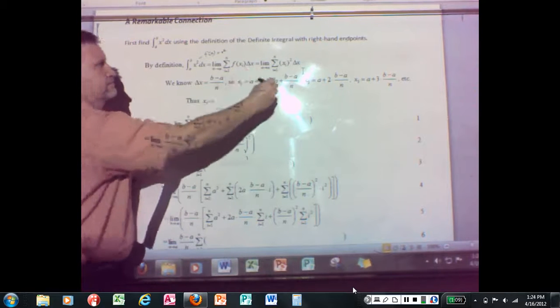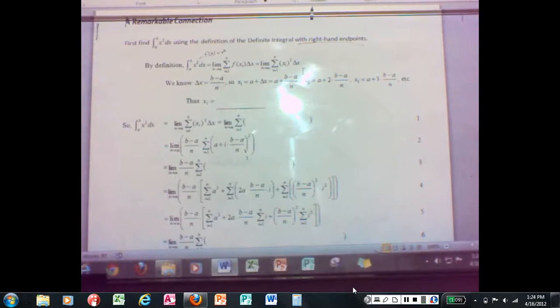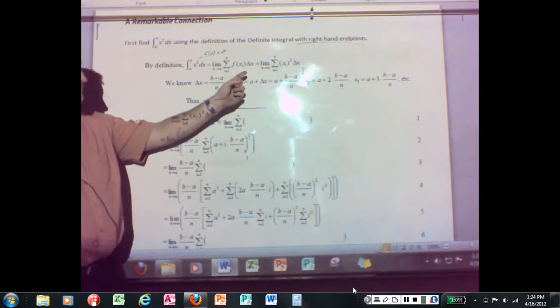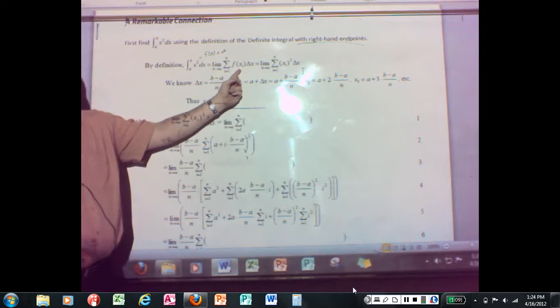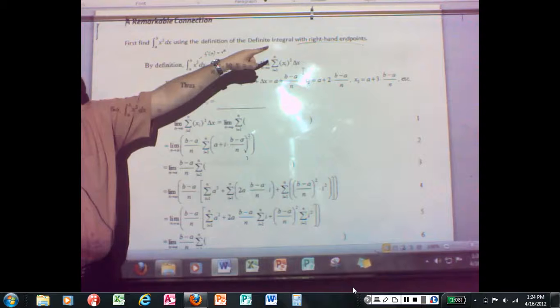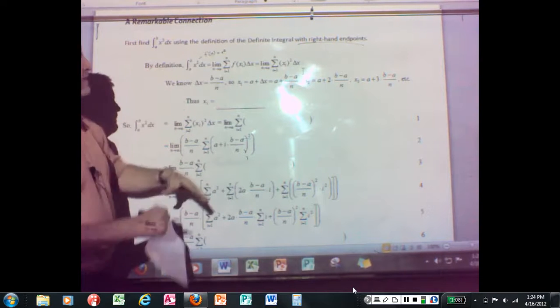Well, I'm using right-hand endpoints. And if you use right-hand endpoints, your sample points are just x sub 1, x sub 2, x sub 3, right? And so that's why I don't have a star there like I do in the definition, because I'm using right-hand endpoints. And it goes to that. All right. So anyway, I get this limit.